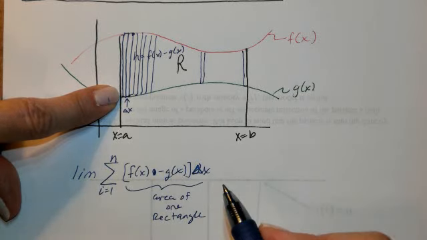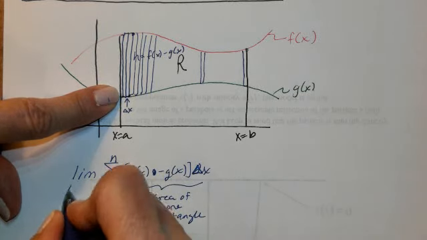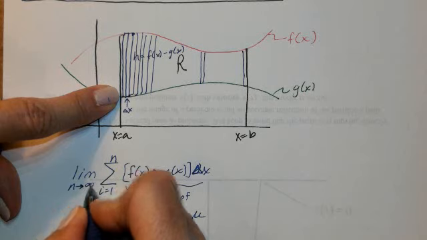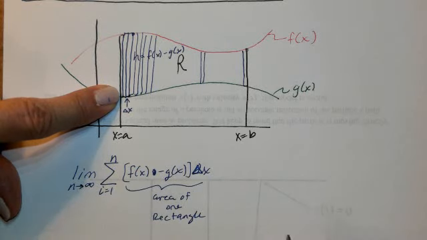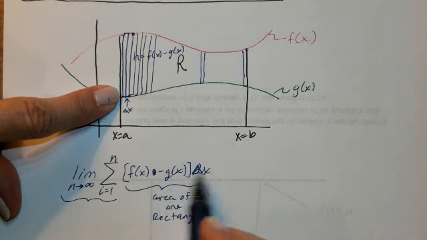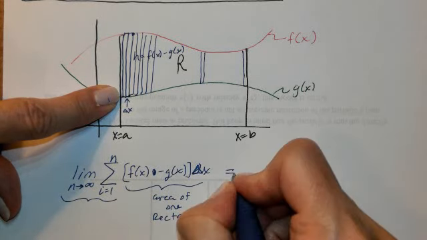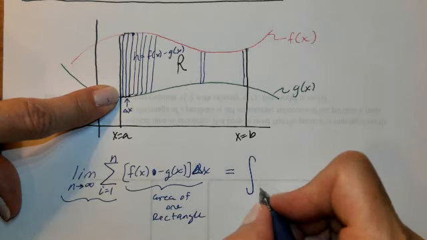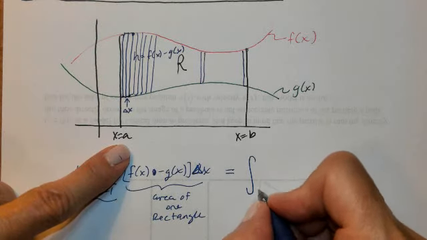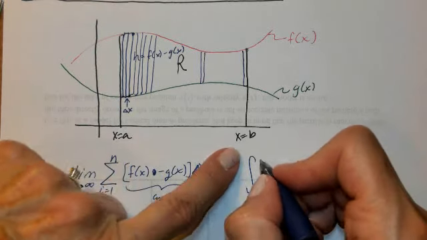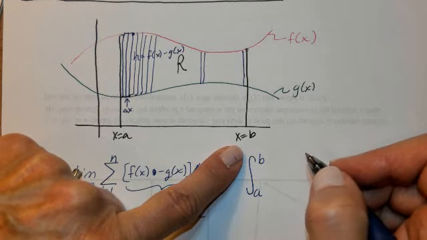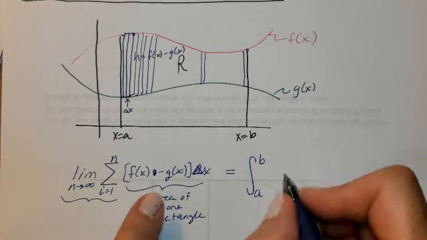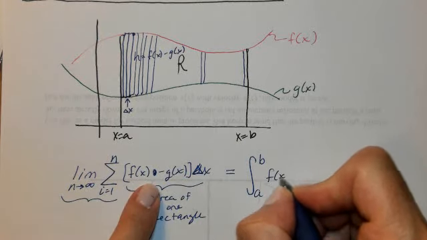We remember last unit, we let the number of rectangles go to infinity, didn't we? When you let the number of rectangles go to infinity and you're adding up areas, that is the integral. That is the integral. So we get the integral from x equals a to x equals b, right?